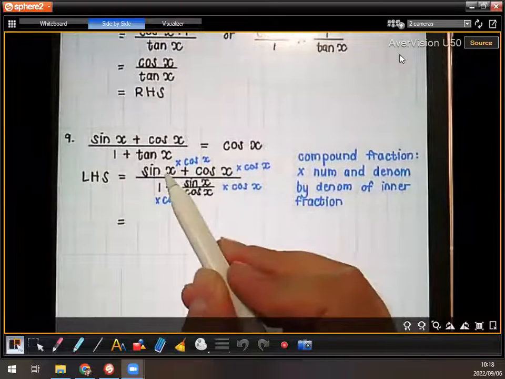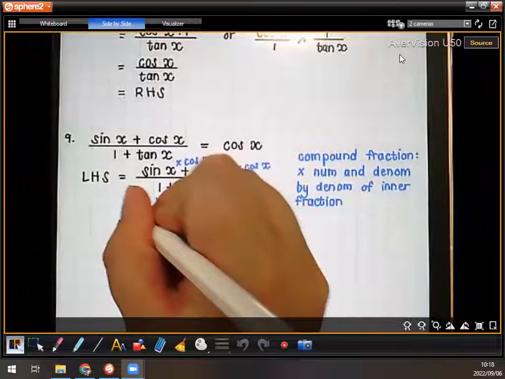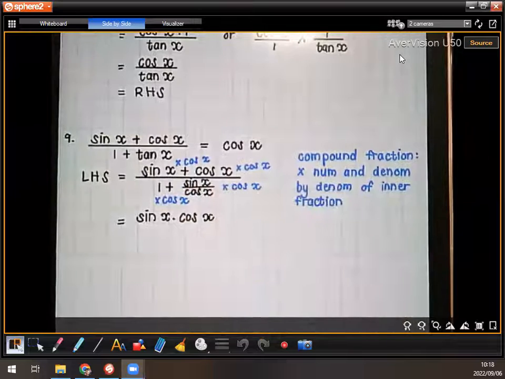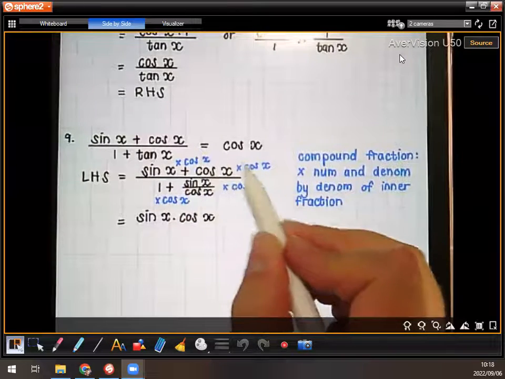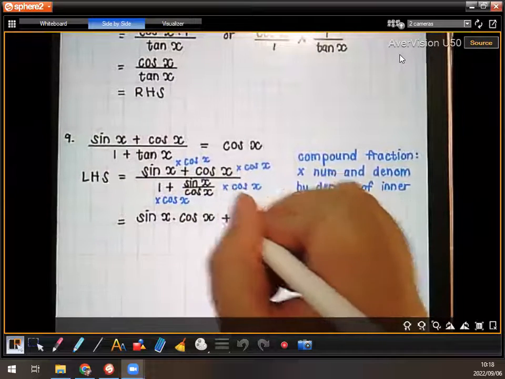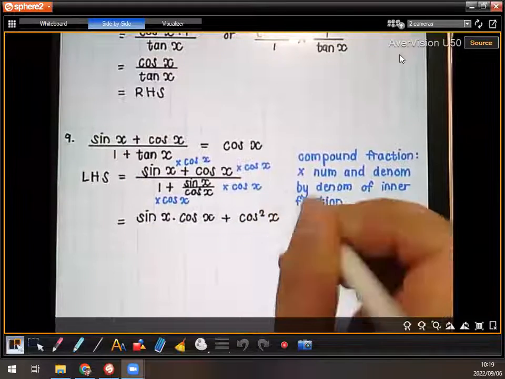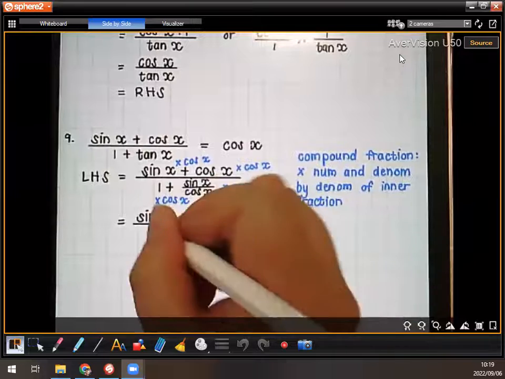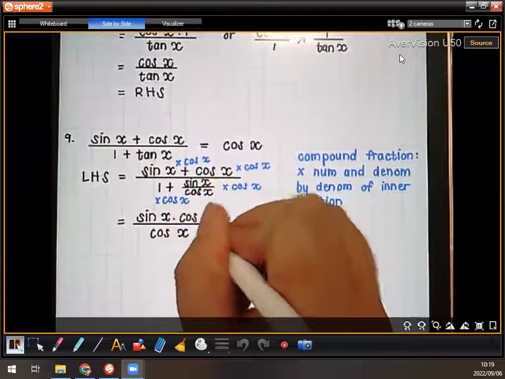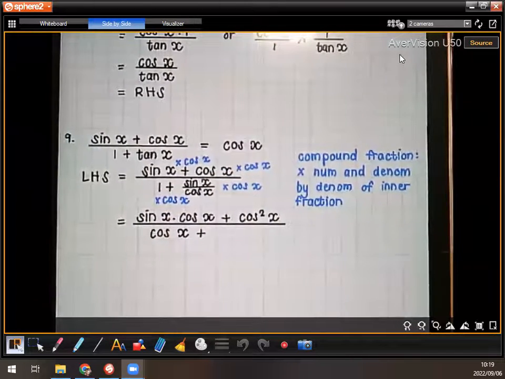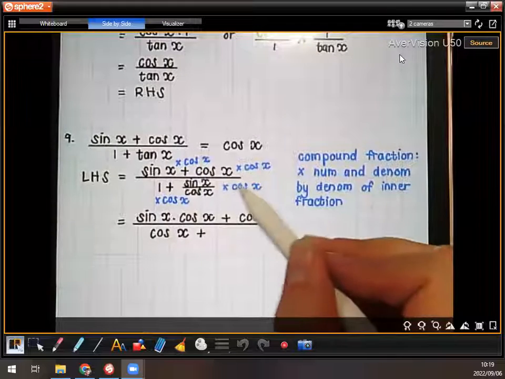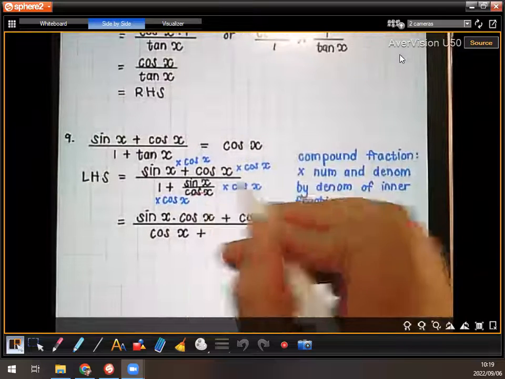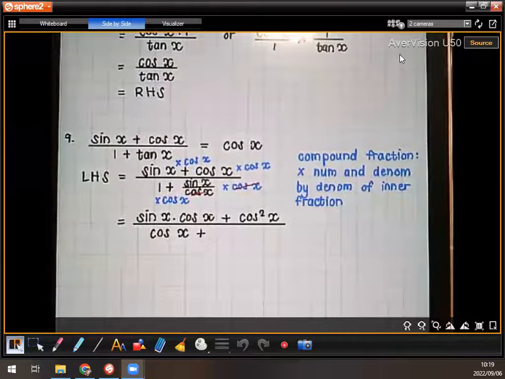Okay, so when you do that, you have sine x cos x from the first term there at the top, plus cos squared x, right? Plus cos squared x, all over 1 times cos x is just cos x, plus, so that's the reason why I multiplied every term by the denominator, so that this denominator is now going to get cancelled out by the cos x.